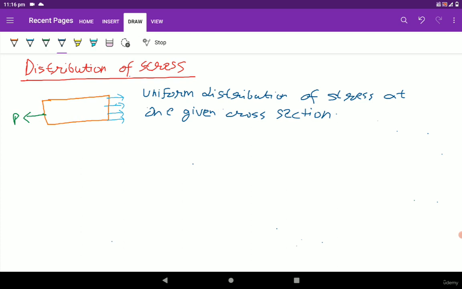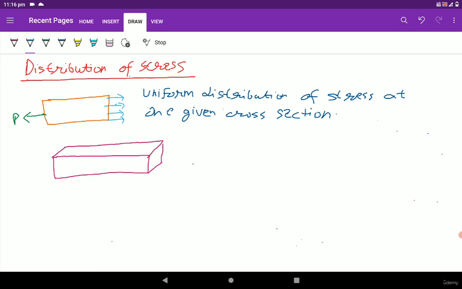Now let's understand another concept. So here is the specimen, like take some rectangular specimen here. Now consider two different locations.